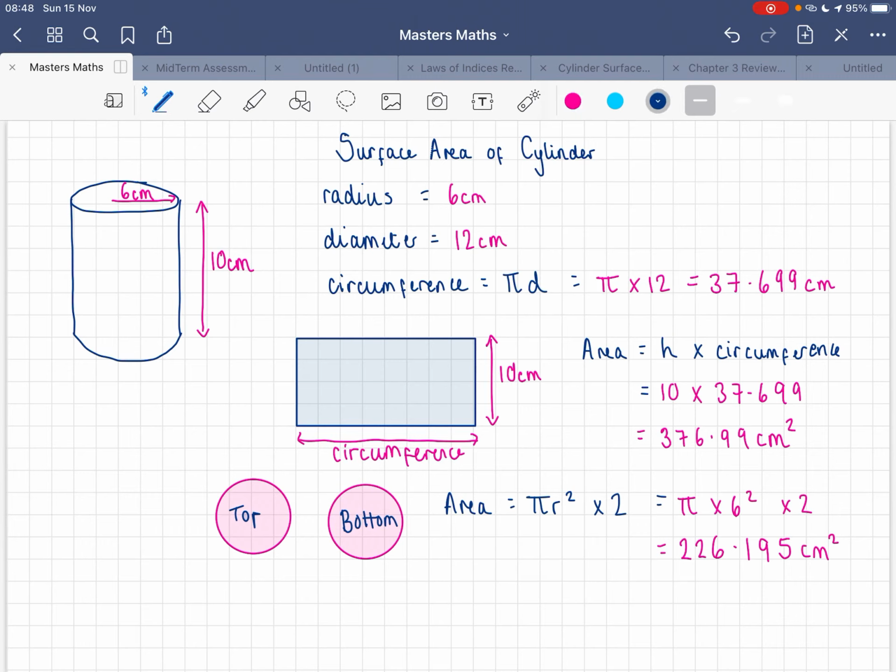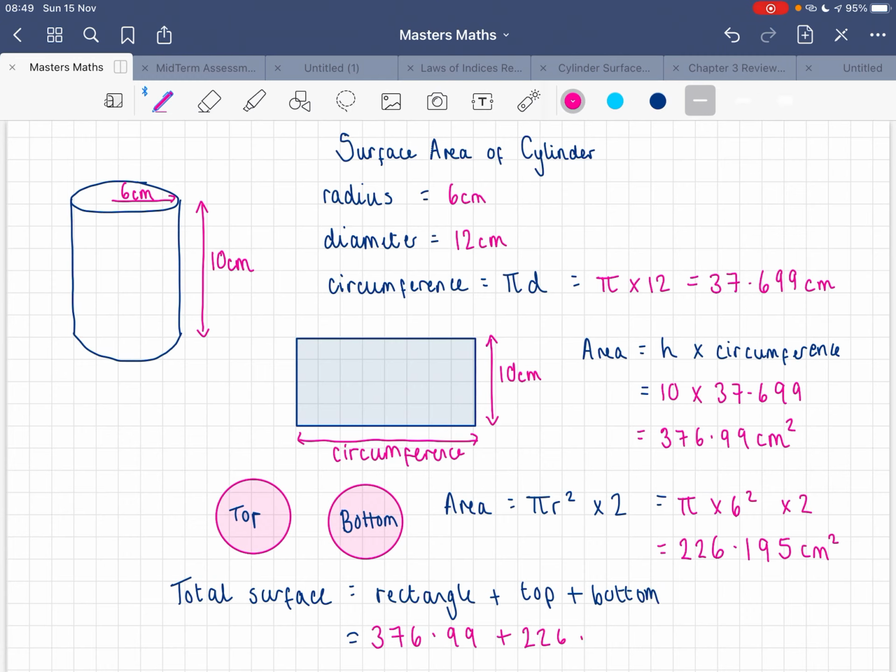So to finish that off, I need the total surface area, and I need to add those things up. So I need to add the area of the rectangle with the top and the bottom. I've already put the top and the bottom together by multiplying by 2. So I'm going to add, the rectangle was 376.99, and I'm going to add 226.195.